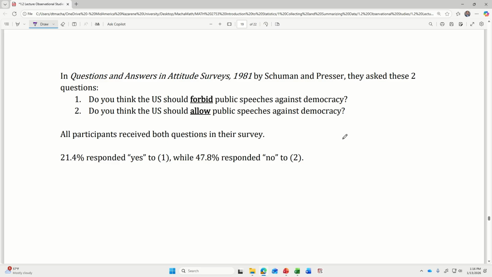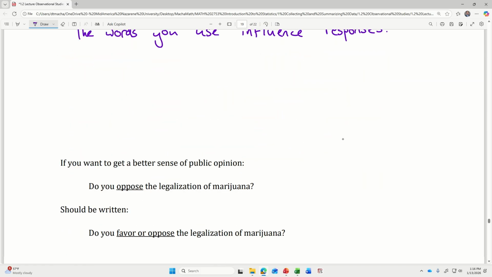The point this is supposed to illustrate is that the words you use when you are constructing a survey, when you're writing a survey, influence the responses that you get. The way that you ask a question will influence the way that people answer this question, sometimes quite significantly, up to 26%.